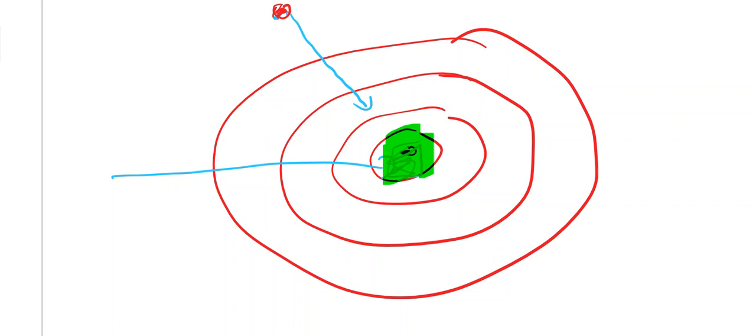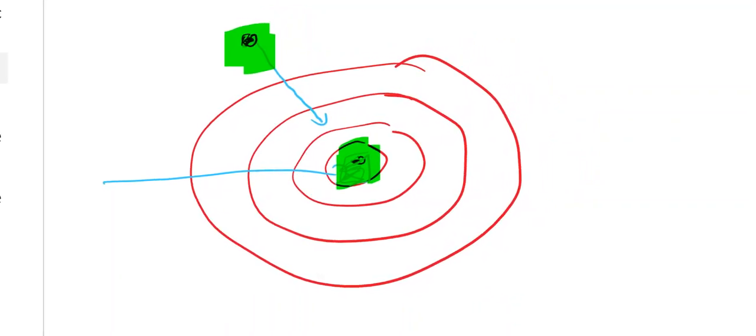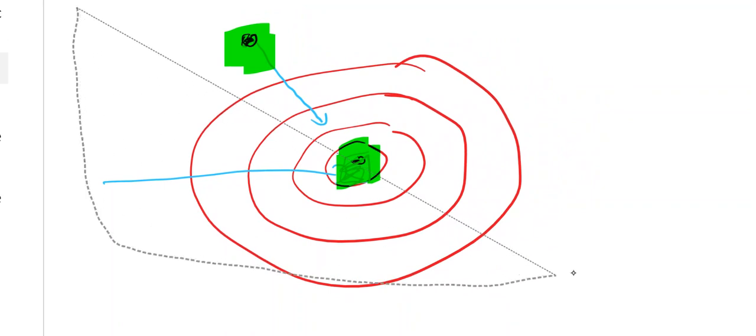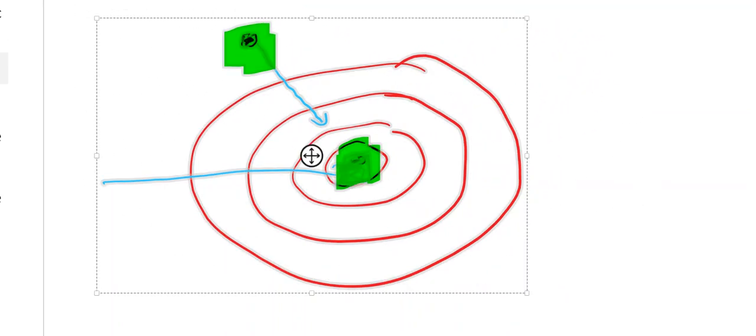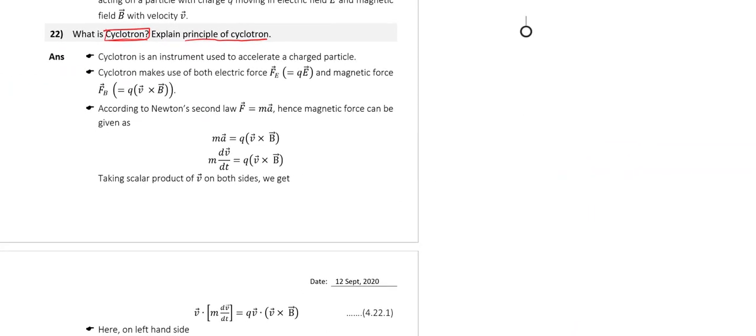And once the nucleus is broken, you can see what is there inside. So the necessary thing here is this kind of particle. We must have a particle which is moving with very high velocity, so that we can send it on target, and once it reaches the target, it will break it, and then you can see what is there inside. So what we need is a charged particle with very high velocity, and for that we need someone who can accelerate charged particles. So we need a particle accelerator.